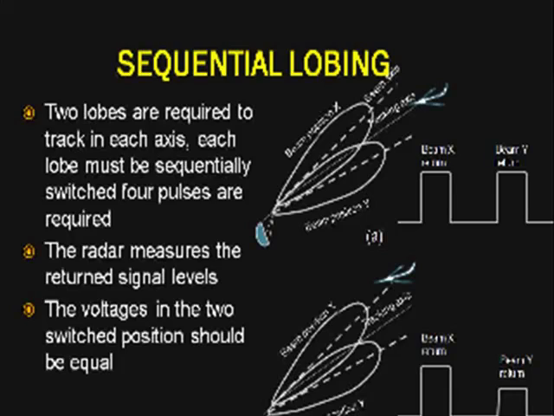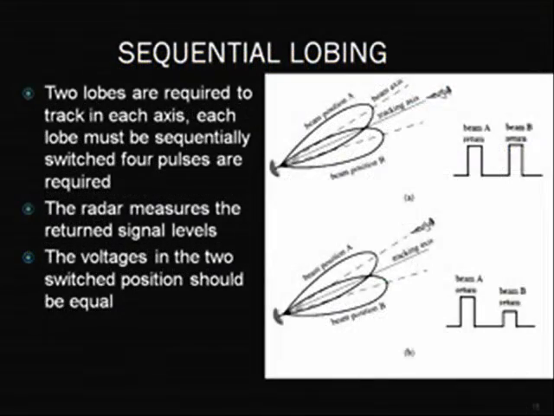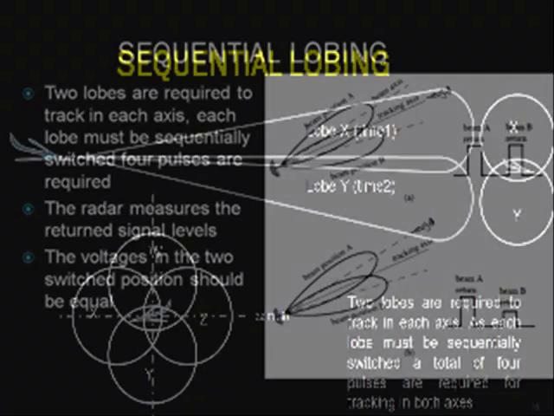From this diagram, beam A return signal is going to be large because it is close to the target, whereas the beam B return signal is going to be small as shown in the diagram B. So by this we can understand that the beam B must be moved closer to the target so that it is made equal to the return signal corresponding to the beam A.